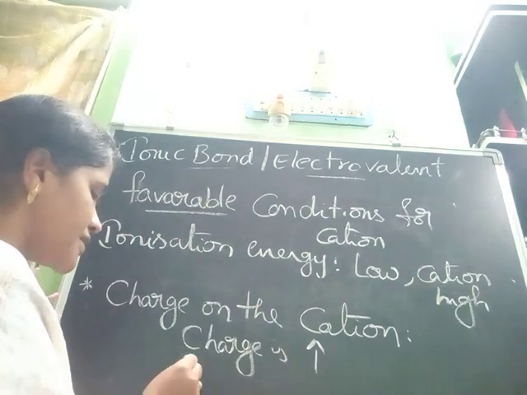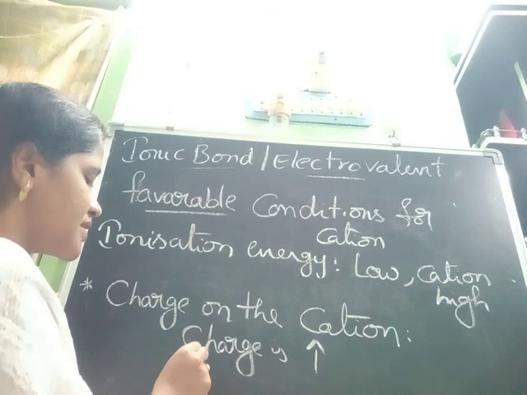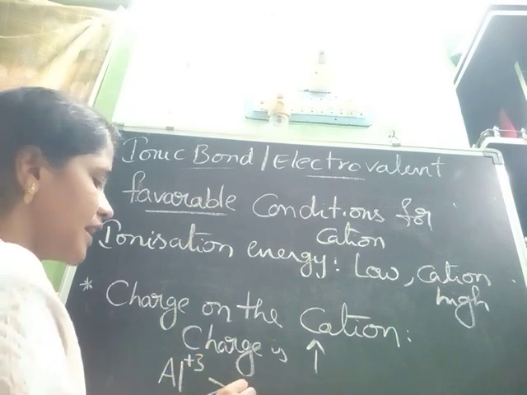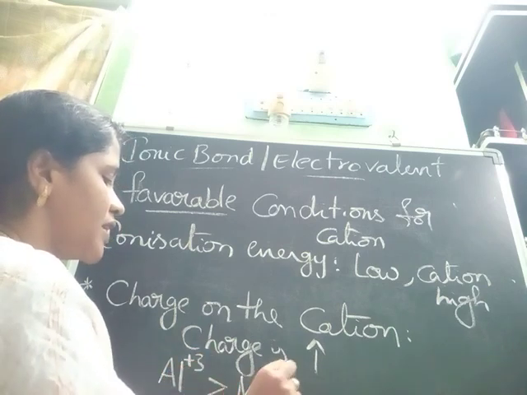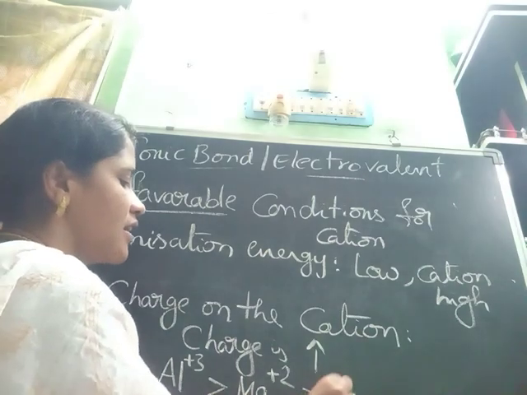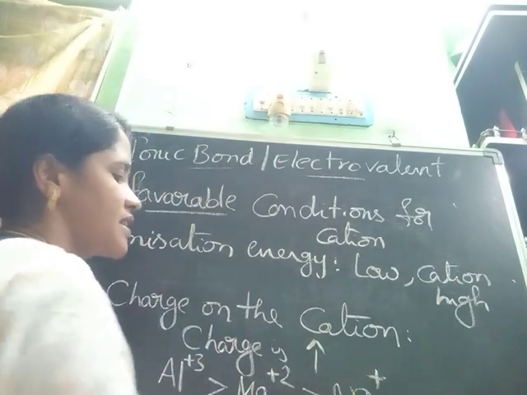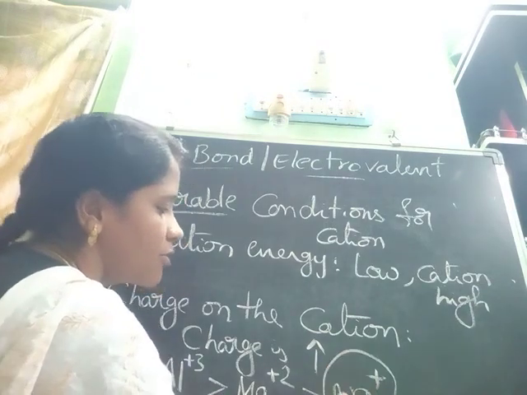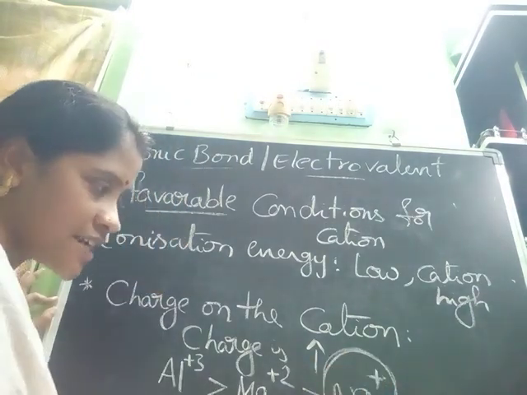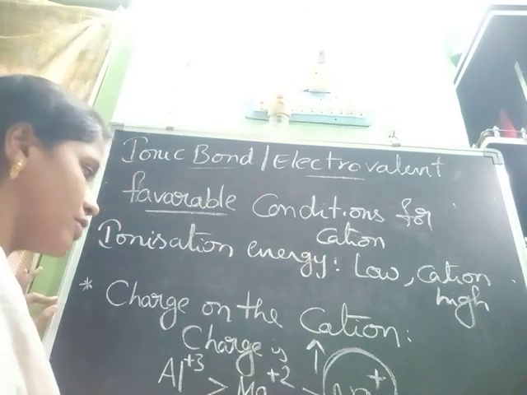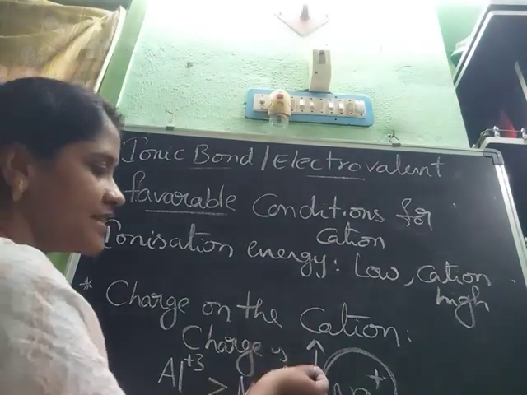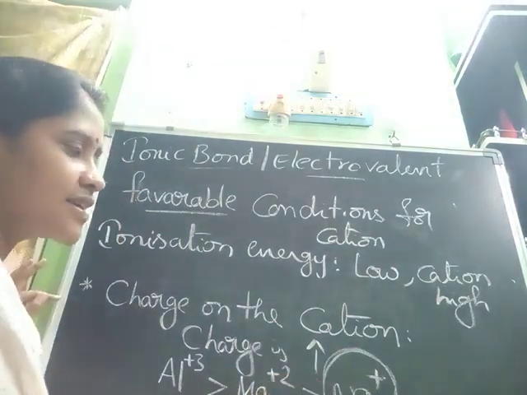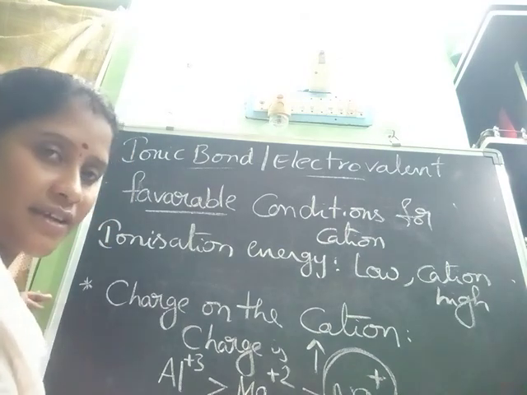For example, Al3+ has less than Mg2+, which is less than Na+. In this, the one which can easily participate in the ionic bond is the one with less charge. If there is more charge on the cation, ionic character decreases, which means cation character decreases.